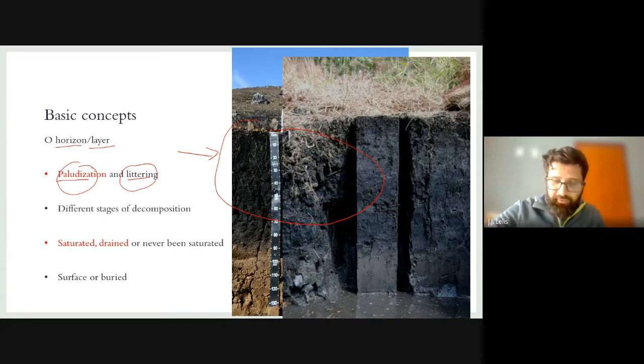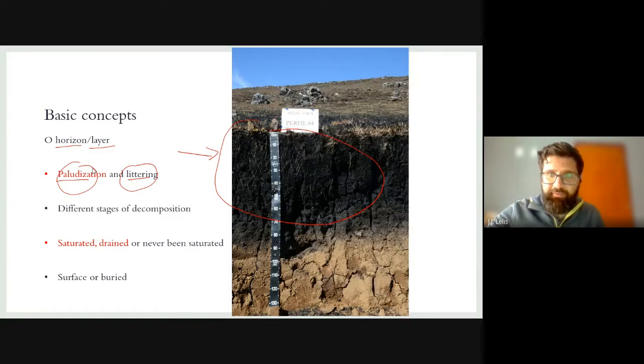And we can understand that some areas also help the accumulation of organic matter, like this picture, a highland, a very cold and wet area that favors the accumulation of organic matter, so it produces an O horizon.